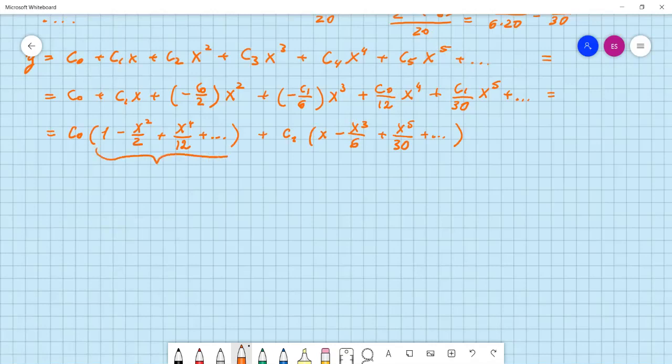So this is my y1 and it has three terms, 1, 2, 3, right? And this is going to be my y2. Also, first three terms. And again, if you continue the process of comparing powers, you can get as many terms as you need. That's how many we were asked to do.